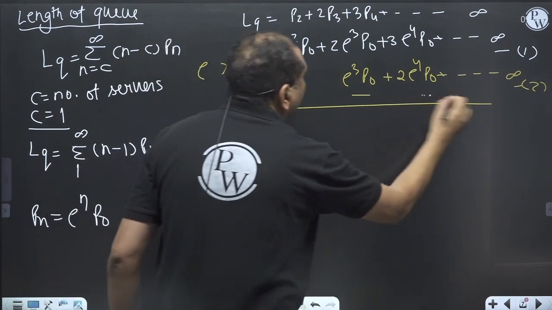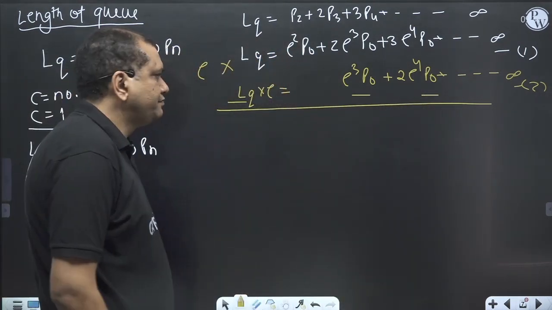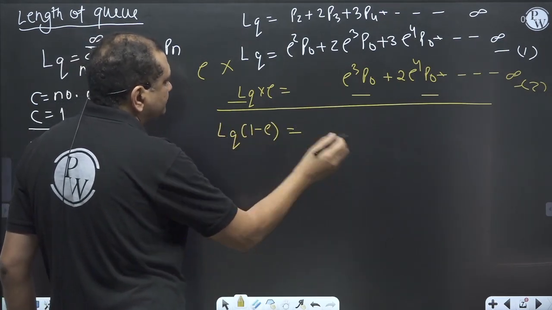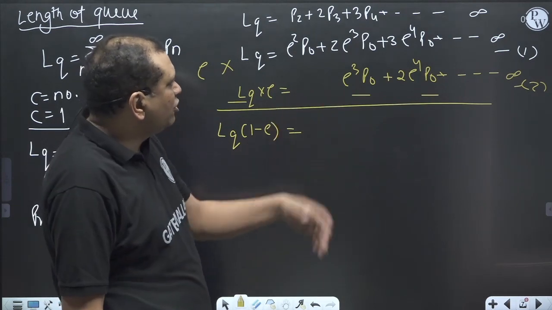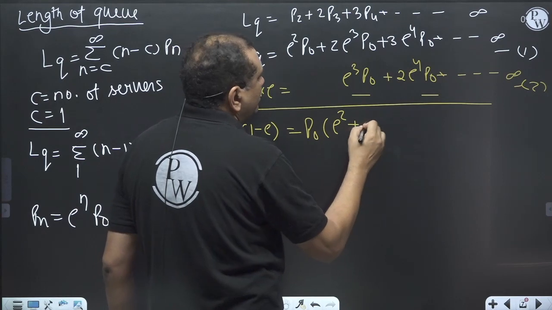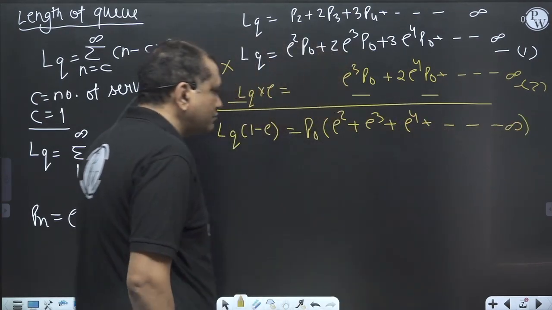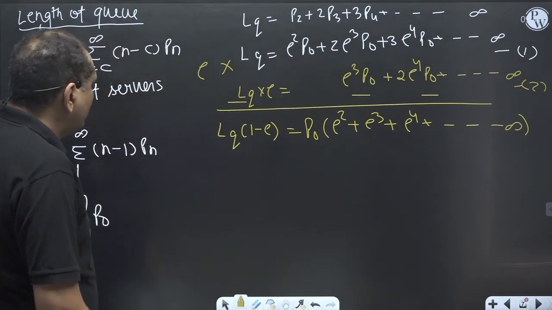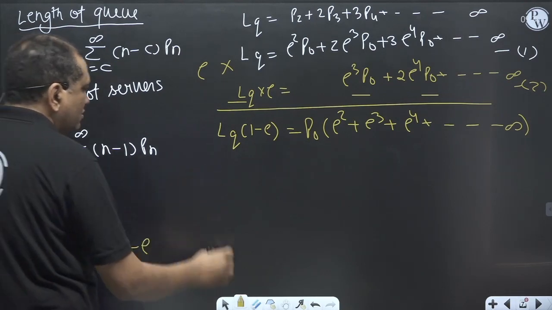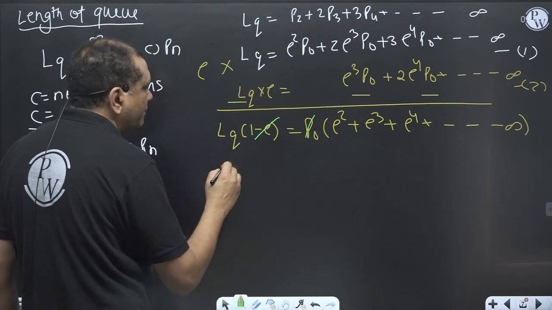Now subtract. So Lq into 1 minus rho, take P naught common from here: rho square plus rho cube plus rho 4. We also know that P naught is 1 minus rho, so these things will cancel out.